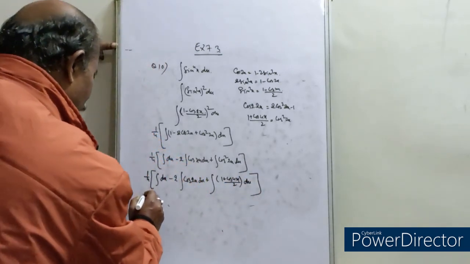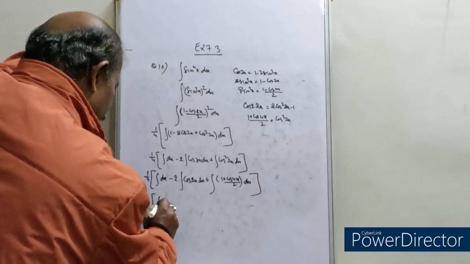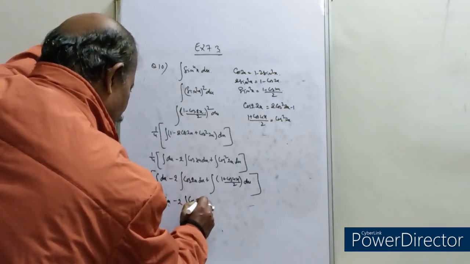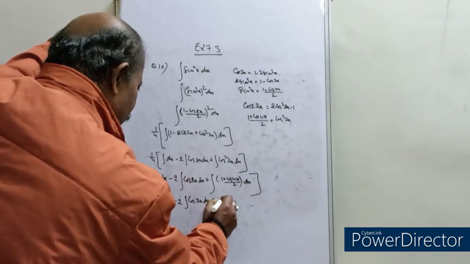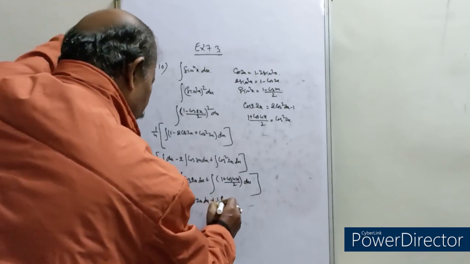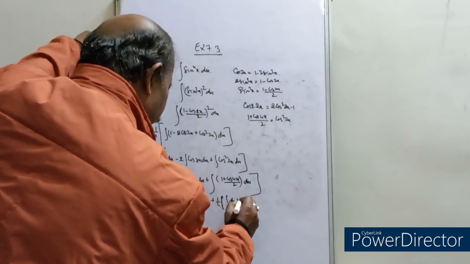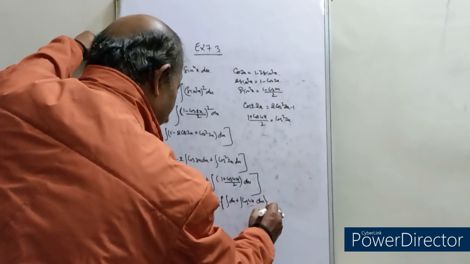So here again 1 by 4, this is dx minus 2 cos 2x dx, and this is 1 by 2 curly bracket dx plus cos 4x dx, curly bracket close.